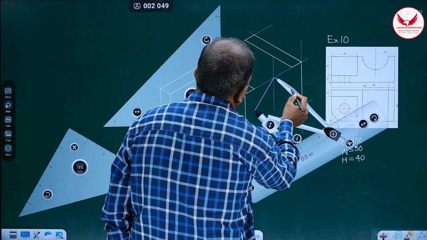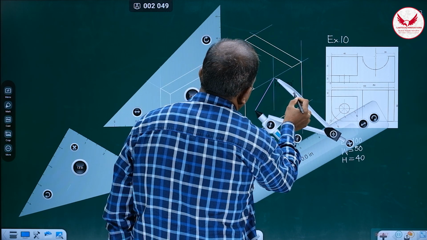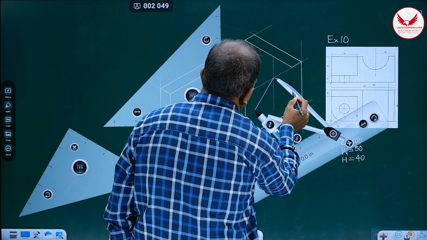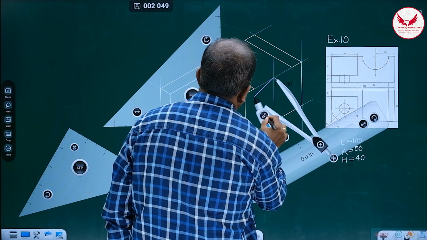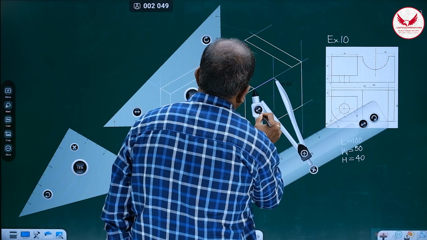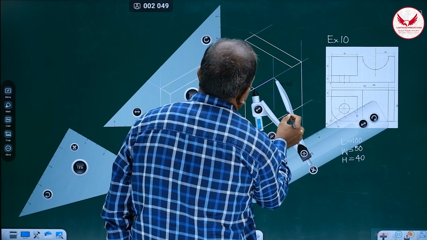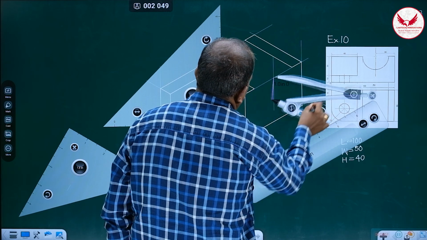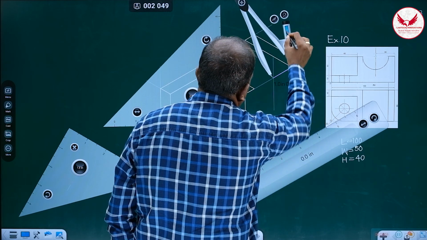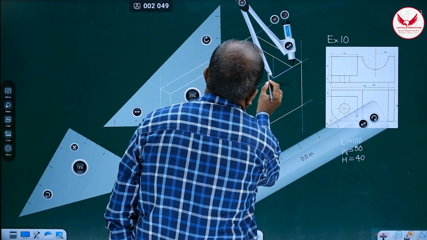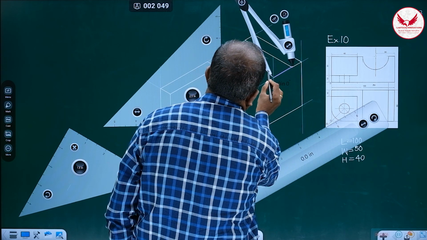We know that the radius of that semicircle is 20, or we can take this much. So it is 20. Correct. And it will match on this side also. It must match.